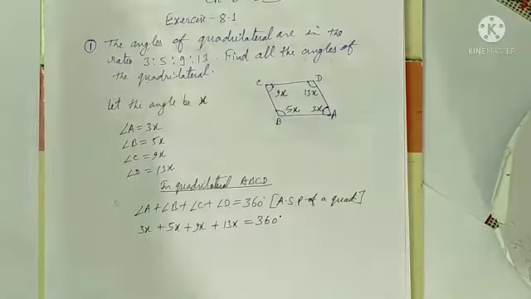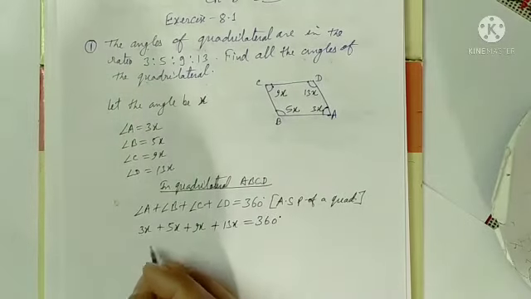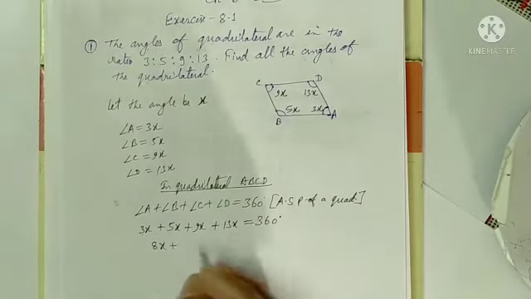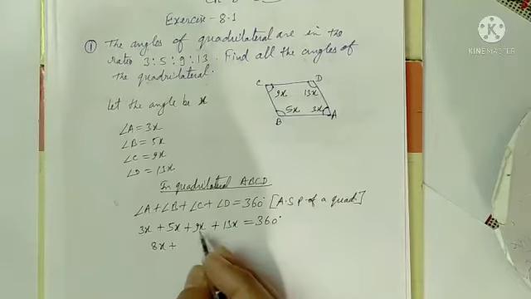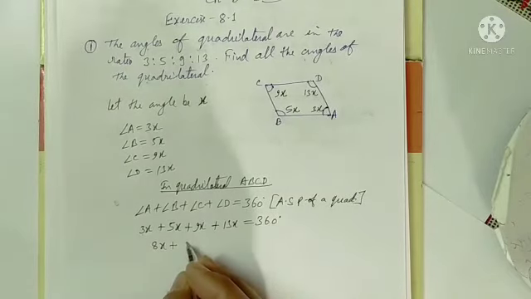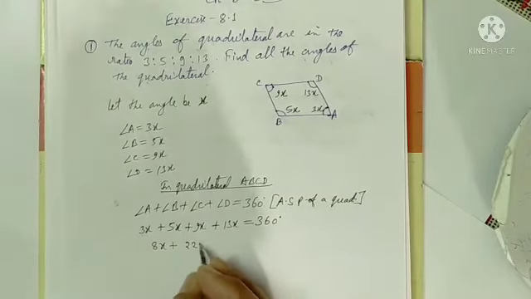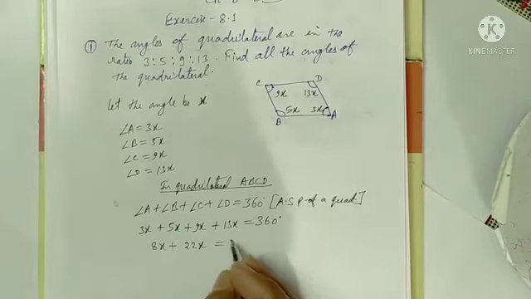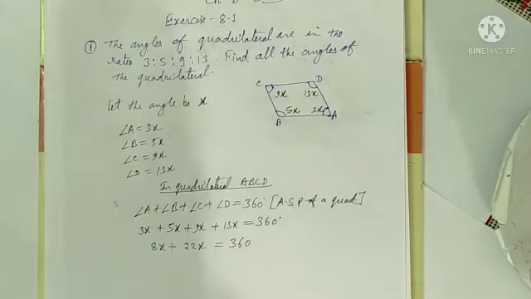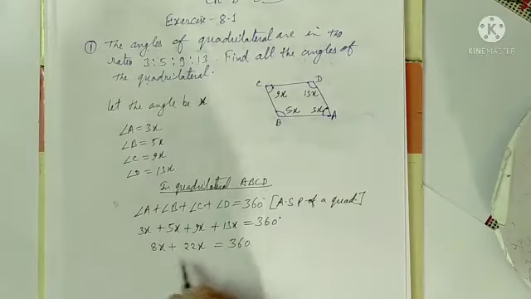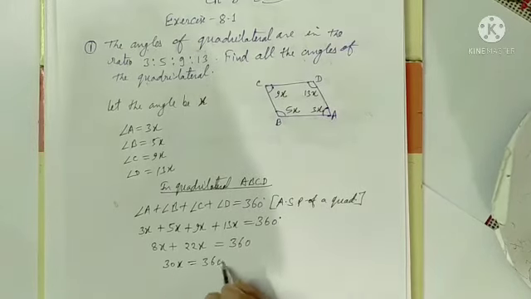degrees. Now 5 plus 3 is 8x, plus 9 and 13, that is 22x is equal to 360. Now if you add, what will come here? 22 plus 8 is 30x is equal to 360 degrees.